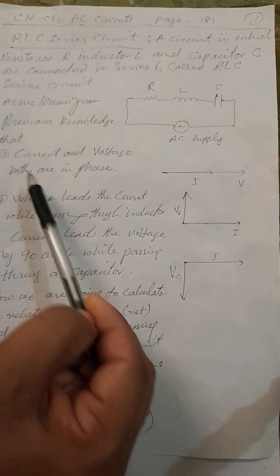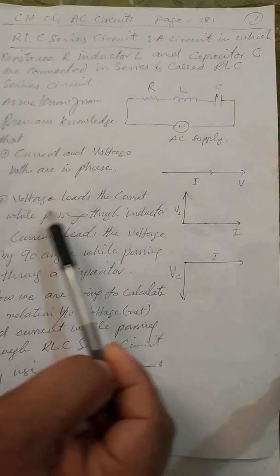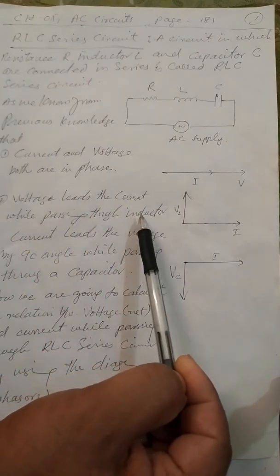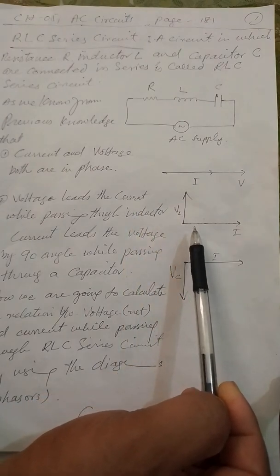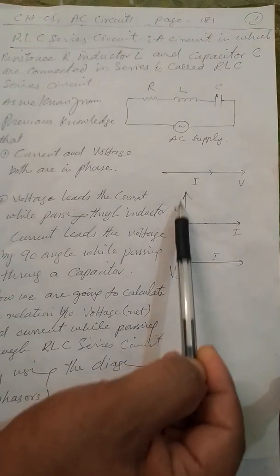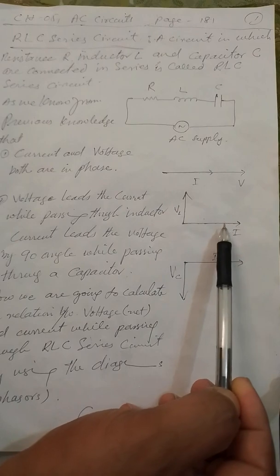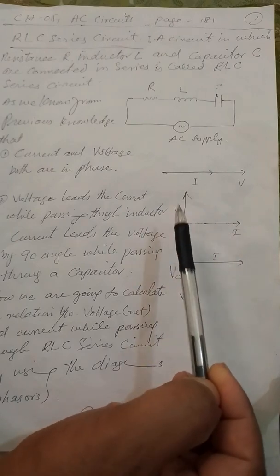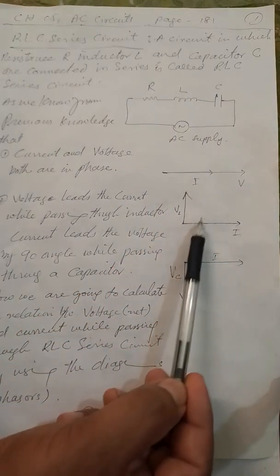We also know that the voltage leads the current I while passing through the inductor. It is shown in this diagram. These results have already been proved in previous lectures: the voltage passing through the inductor leads the current I by 90 degrees. This is another diagram for the inductor.